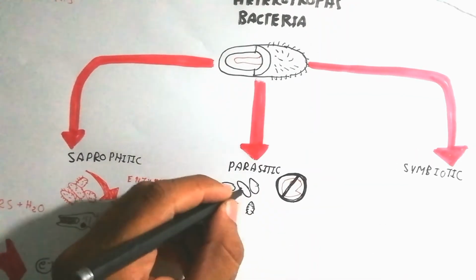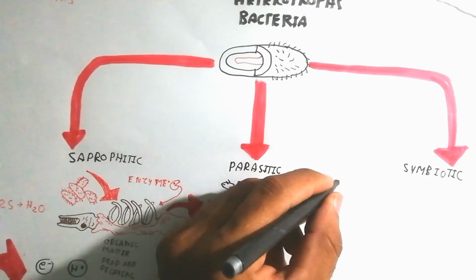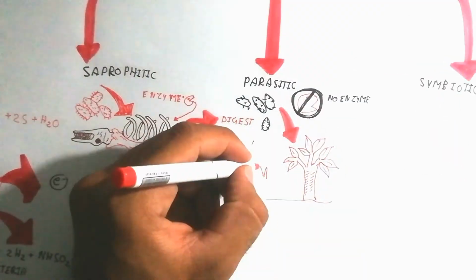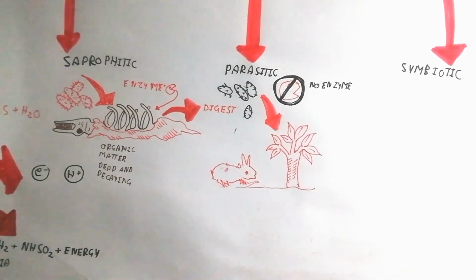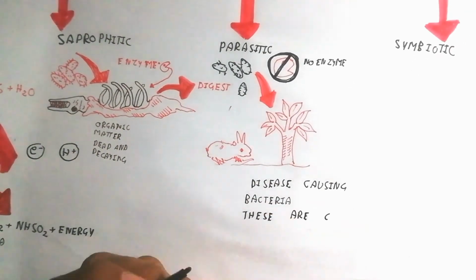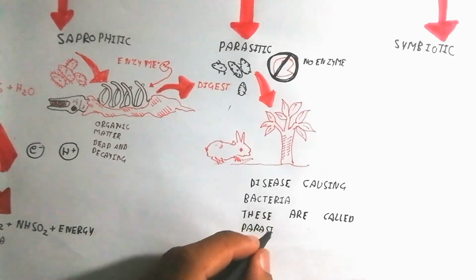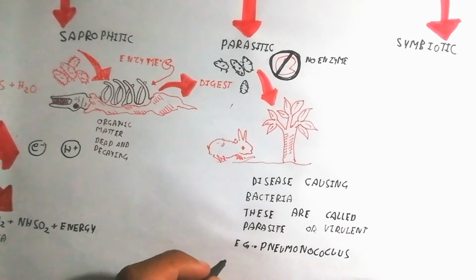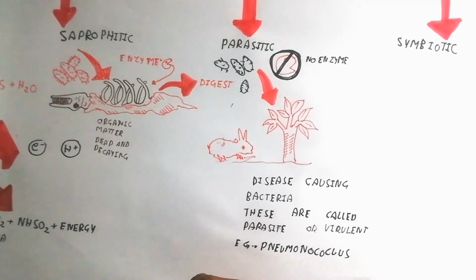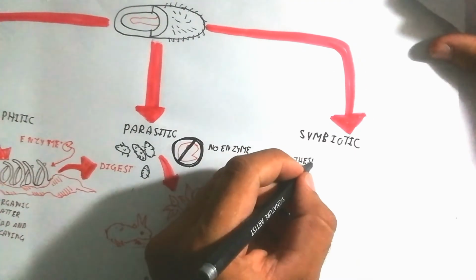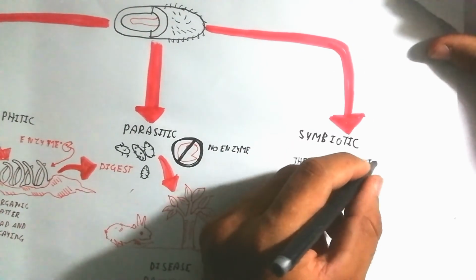And here are the parasitic bacteria, which lack enzymes and so depend on another organism, and they cause disease in it. These are called parasitic or virulent bacteria, for example pneumococcus, which infects animals.